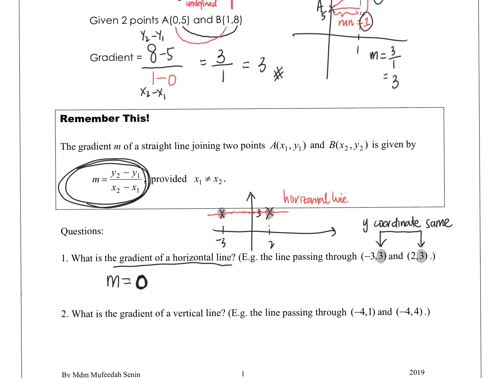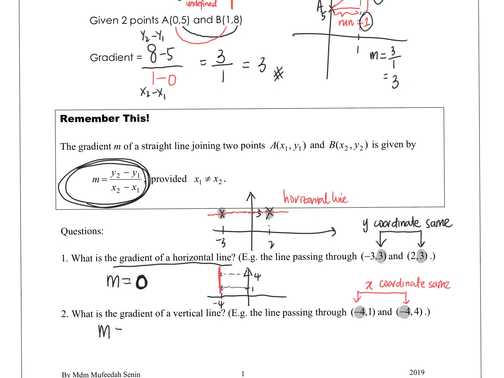Okay, but when the x coordinate is the same, when you plot it out, you realize that it is a vertical line. When your x coordinate is the same, it's a vertical line.